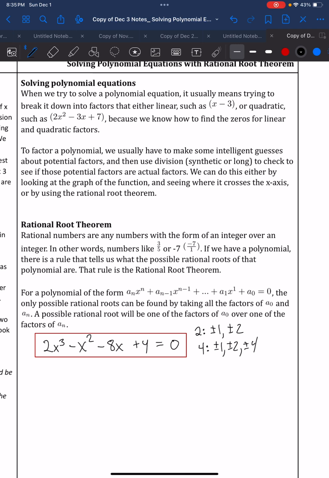So our roots would be plus or minus 1, plus or minus 2, or plus or minus 4 over plus or minus 1 or plus or minus 2. Right? All the factors of the last coefficient divided by all the factors of the first coefficient.